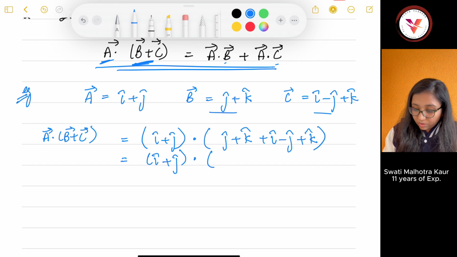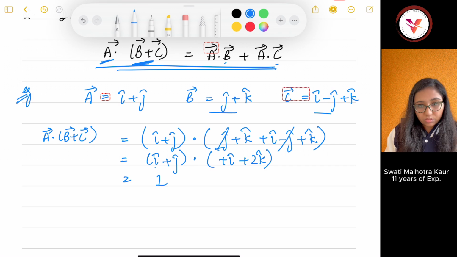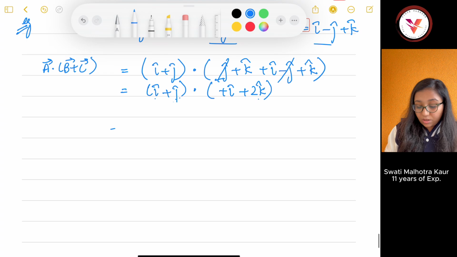So there is no i in B, so it's simply i cap. Here j minus j, they cancel. It's k plus k, it's 2k cap. Now for i, 1 into 1 is 1. There is no j in B plus C, so you take it as 0 j cap. There is no k in A, so basically you have to write it in all three components.